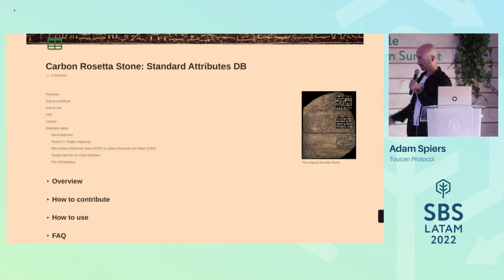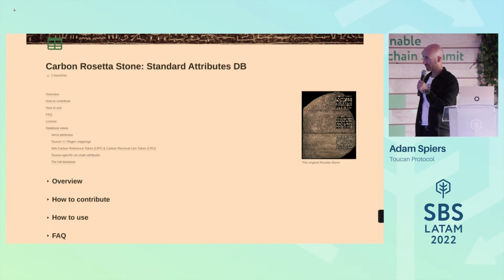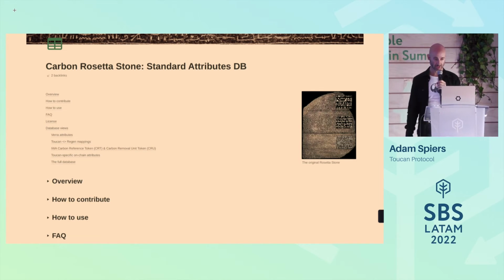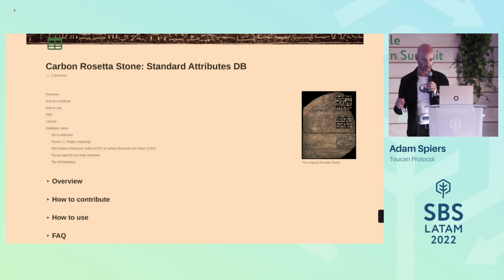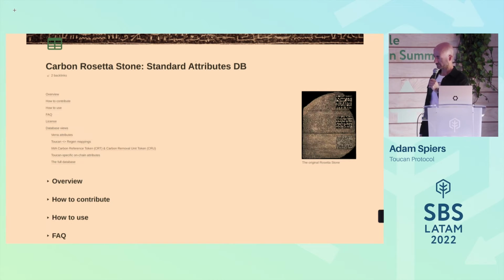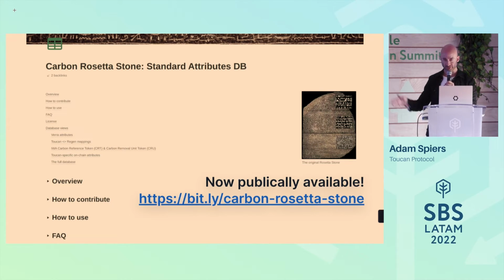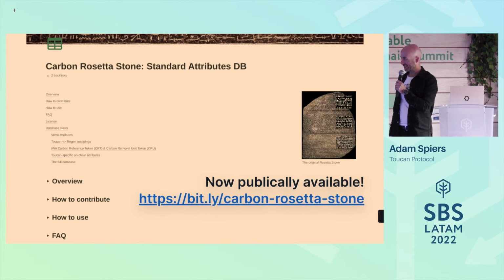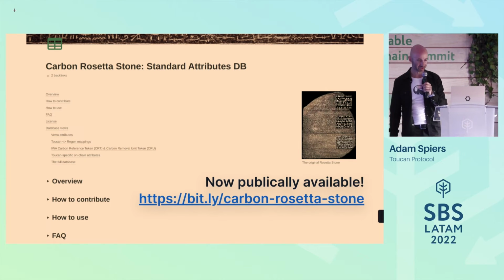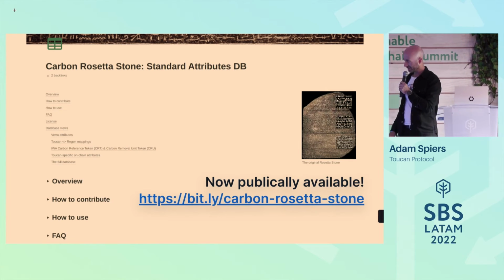So I put together this database under the auspices of the Carbon Token Standard Working Group. And it's quite simple, really. And by the way, I'm happy to announce, as of right now, it's publicly available. It hasn't been, but this is the link here.